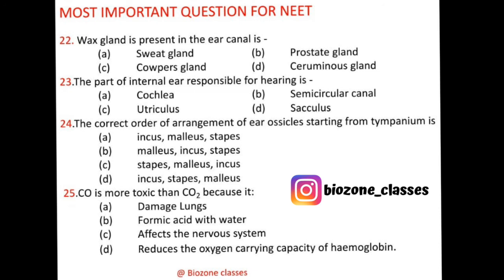So for question number 25 you remember D is the correct option, because carbon monoxide permanently binds with hemoglobin and less hemoglobin is available for the binding of oxygen. So indirectly it reduces the oxygen carrying capacity of the hemoglobin.